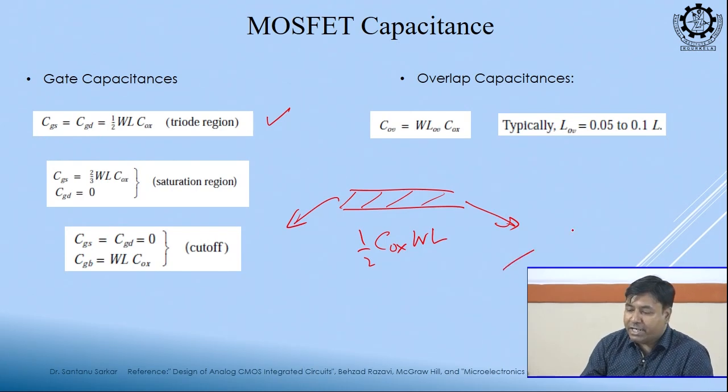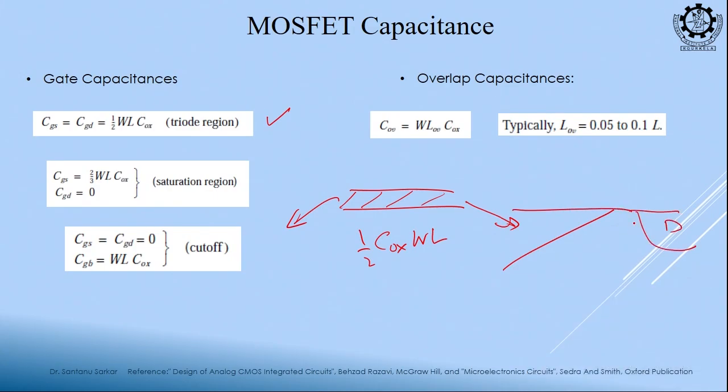In saturation region what is happening? At the drain side no channel exists, it is tapered. So, at the drain side my CGD is 0 and we consider that 2/3 of the capacitance is at the CGS. So, 2/3 WL COX is at the CGS. In cutoff no channel exists.